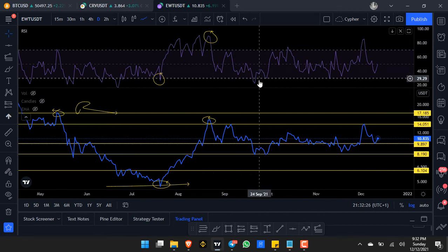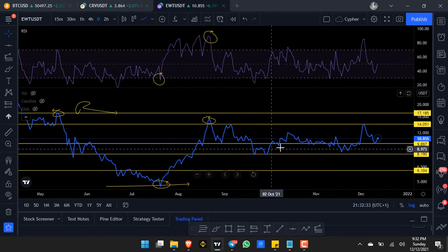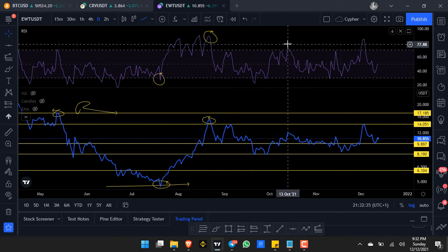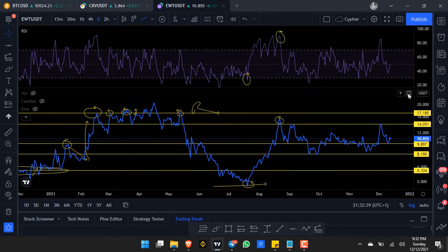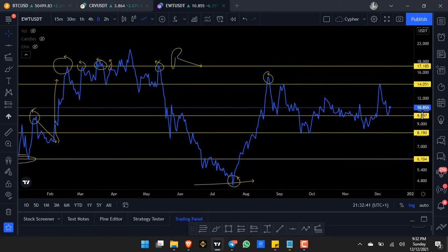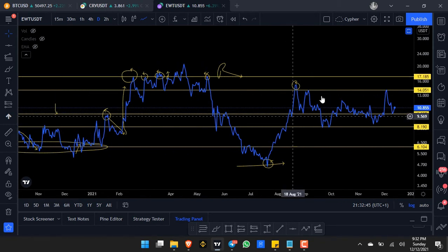Now you would have waited for it to come down again to the 30 or below 30 level, and then you bought, and then you'd have enjoyed profit when it got to the top at this place. Look at it. So these are just easy ways for you to trade support and resistance levels, and in this case incorporate it with the RSI.